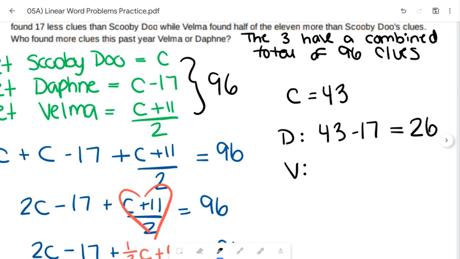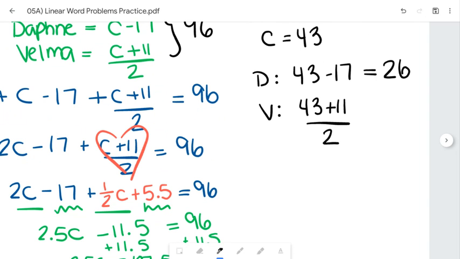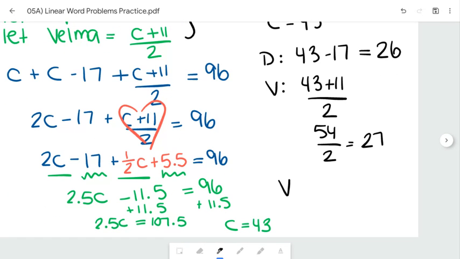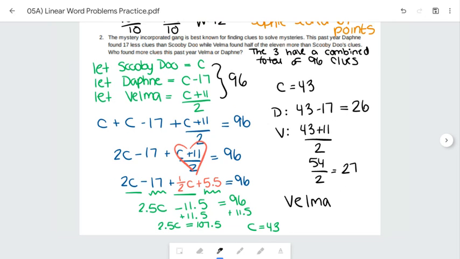Velma, we have 43 plus 11 divided by 2. So we have a total of 54 divided by 2 is 27. So not by much, but Velma found more clues. Literally only one more, but still more.